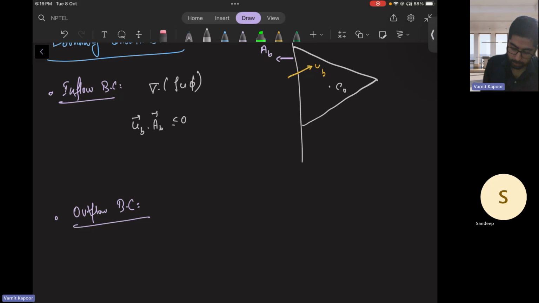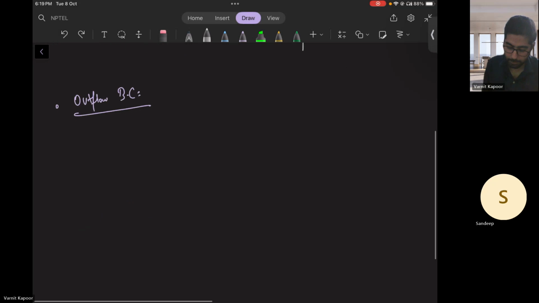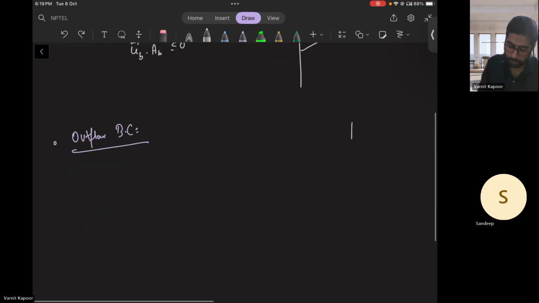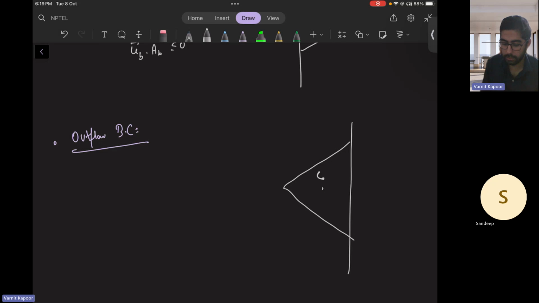Suppose this is your cell here, again some C naught. The velocity U_B is pointing out, as well as the area vector of that boundary face.